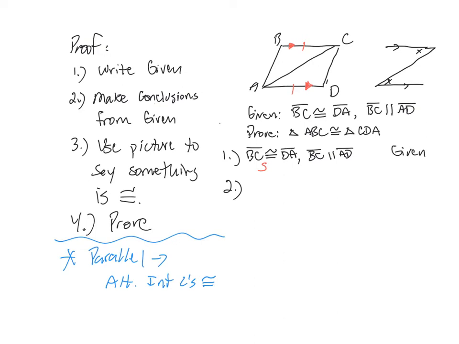Okay, so because they're parallel, I can say that angle BCA, which is that one up at the top, is congruent to angle DAC, which is that one down at the bottom, because alternate interior angles are congruent.